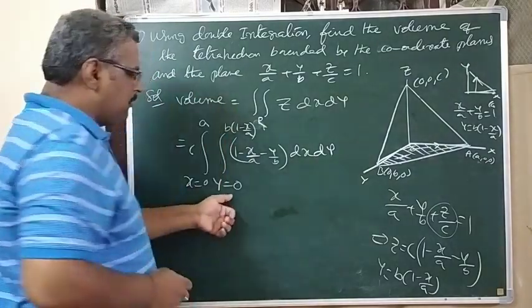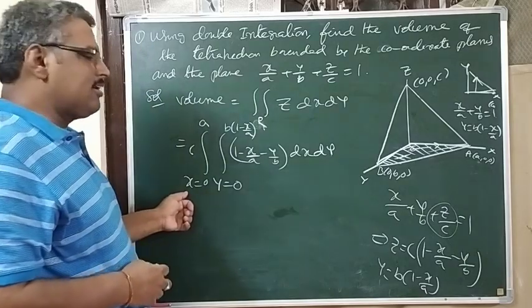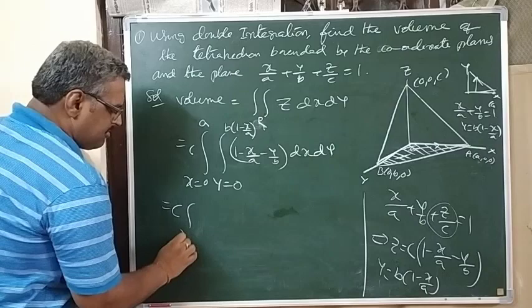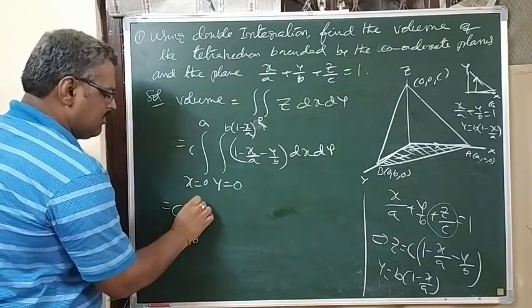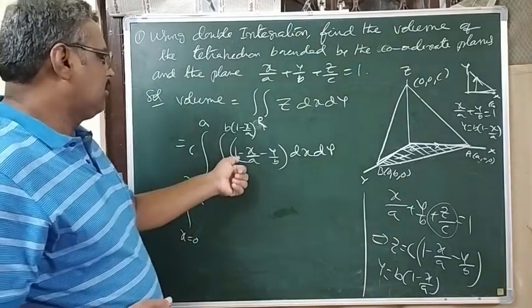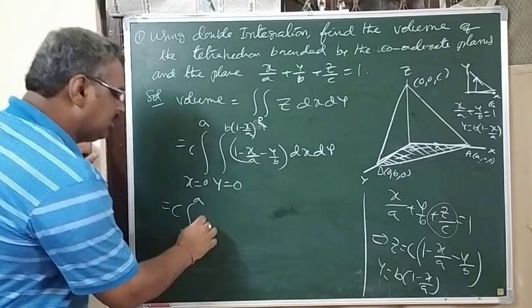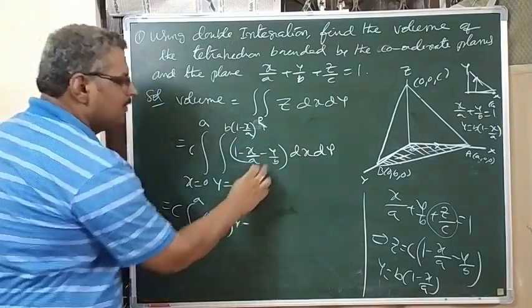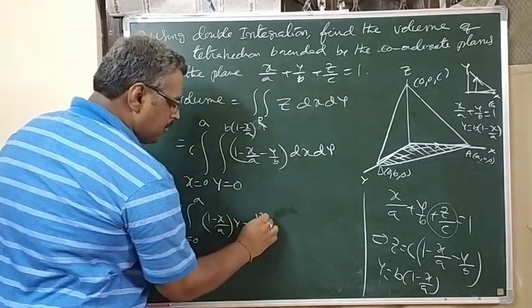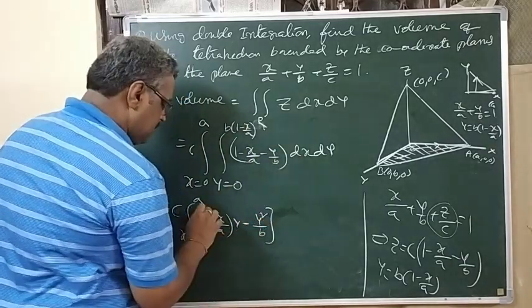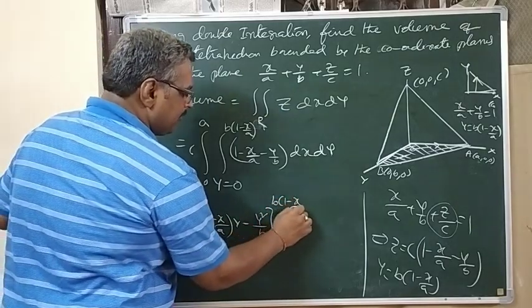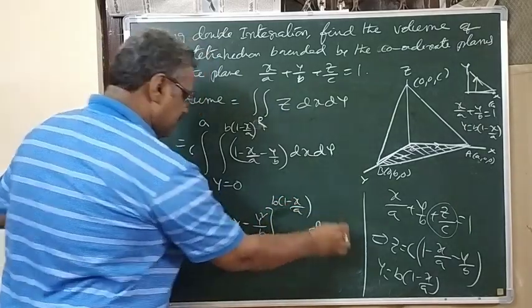If you integrate with respect to y, other variables are treated as constant. c into the integral of x from 0 to a. Now it is very simple. 1 minus x by a is constant, into y. The y integration is y square by 2, limits 0 to b into 1 minus x by a, dx.